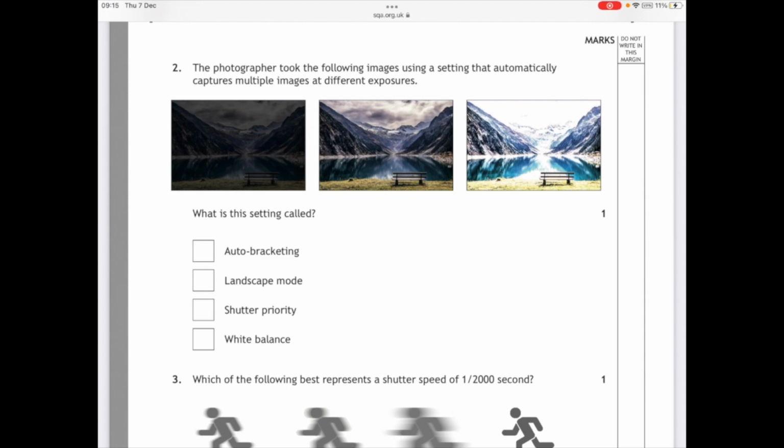The first image that you take will be the correct exposure, with the exposure in the center. The second image will be 1 or 2 stops brighter, and the third image will be 1 or 2 stops darker. That's how you get the auto bracketing technique.